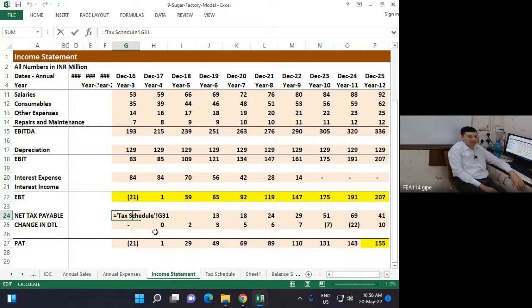Is the column number correct? Okay. 155 is the number we are looking for.